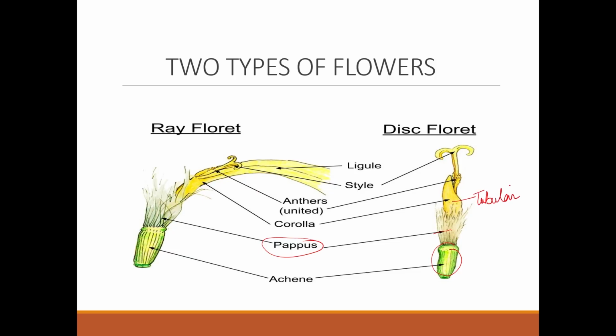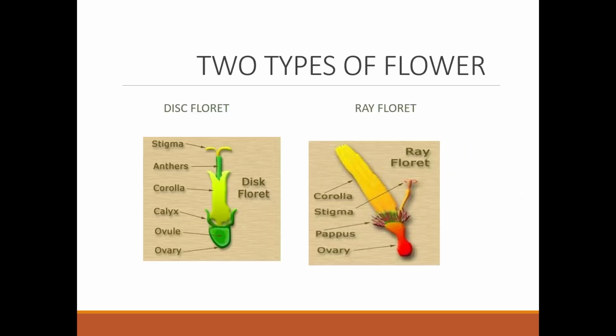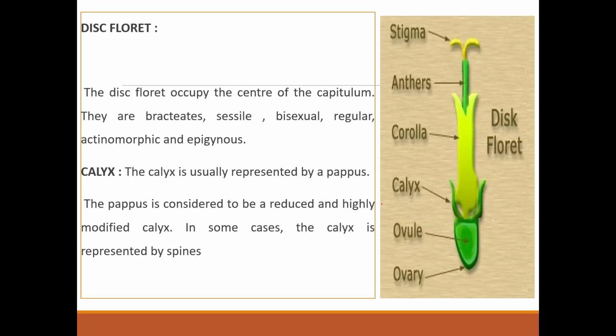So this is also called the tubular flower. This is called ligulate and this is called tubular flower just due to the shape of the corolla. And here you can see the anthers and the style, which is bifid. These are the two types of flower present in the Asteraceae family.